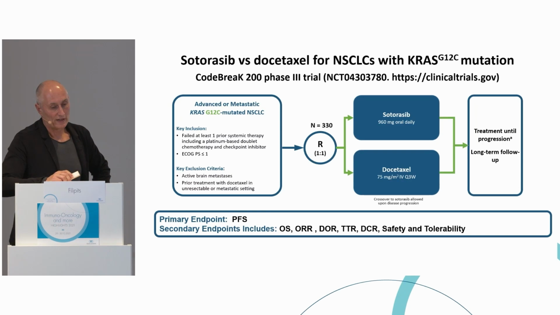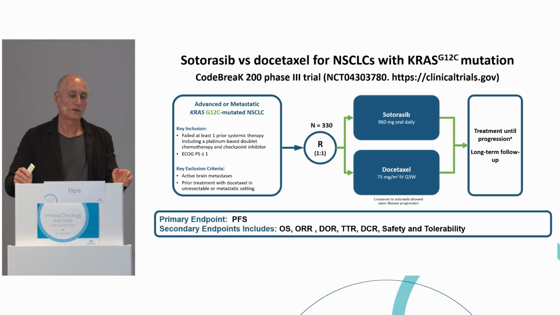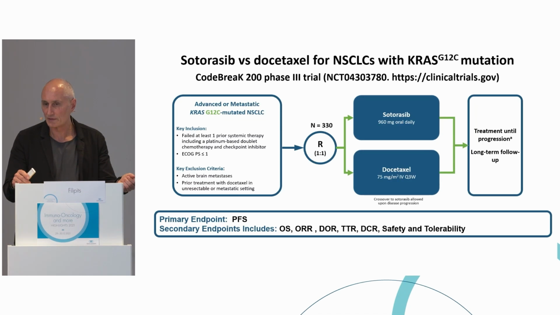These patients were randomized to sotorasib, 960 milligram oral daily, or docetaxel until disease progression, and long-term follow-up will also be collected. The primary endpoint of this trial is progression-free survival. Secondary endpoints are overall survival, objective response rate, duration of response, time to recurrence, disease control rate, and safety and tolerability.